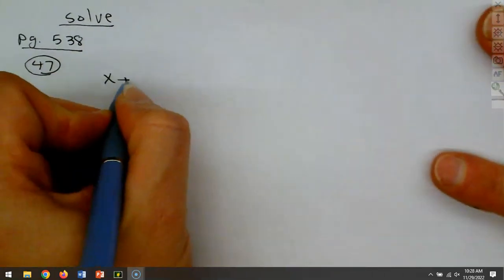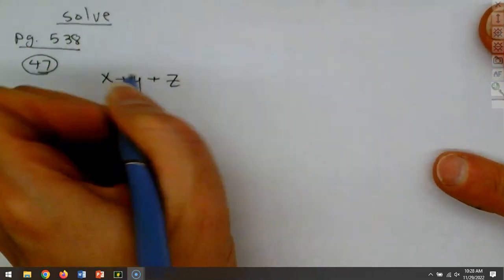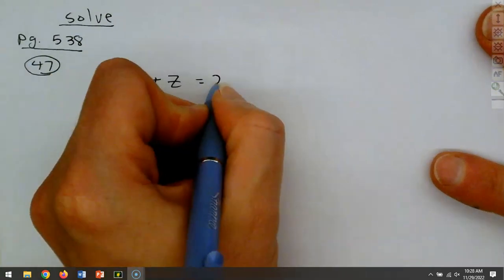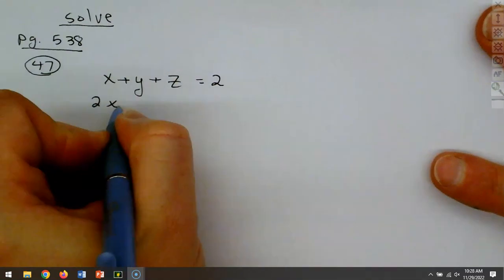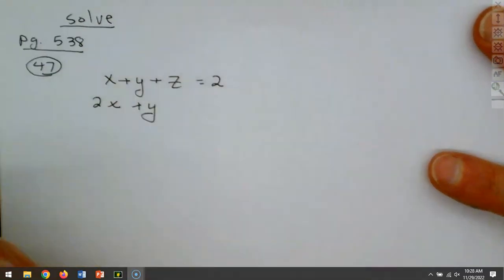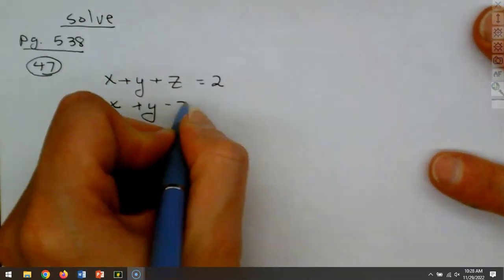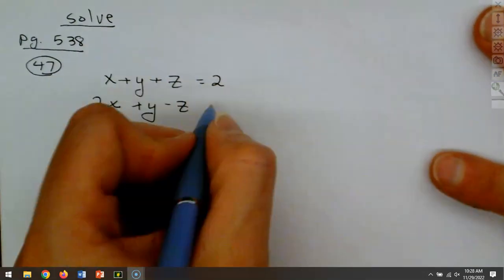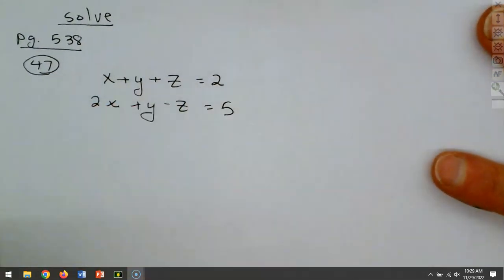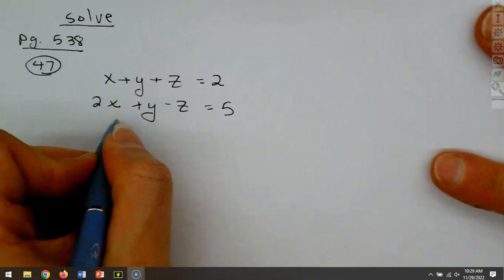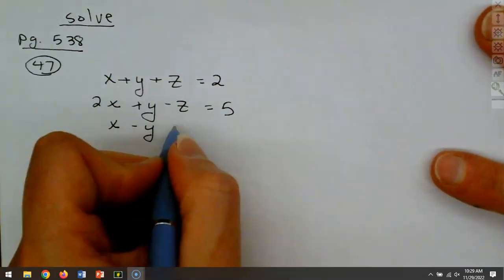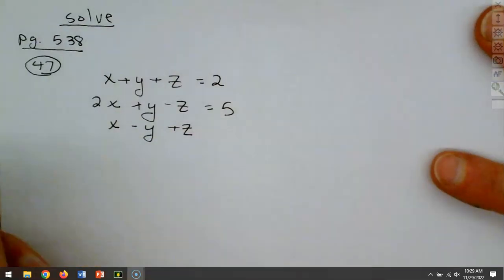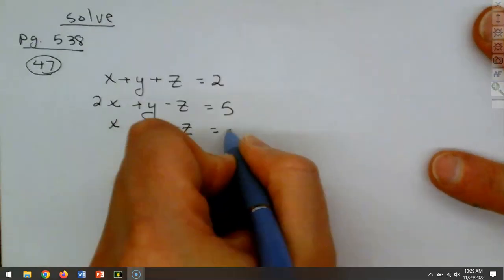And this is x plus y plus z equals 2, and 2x plus y minus z equals 5. And the last equation is x minus y plus z equals a negative 2.